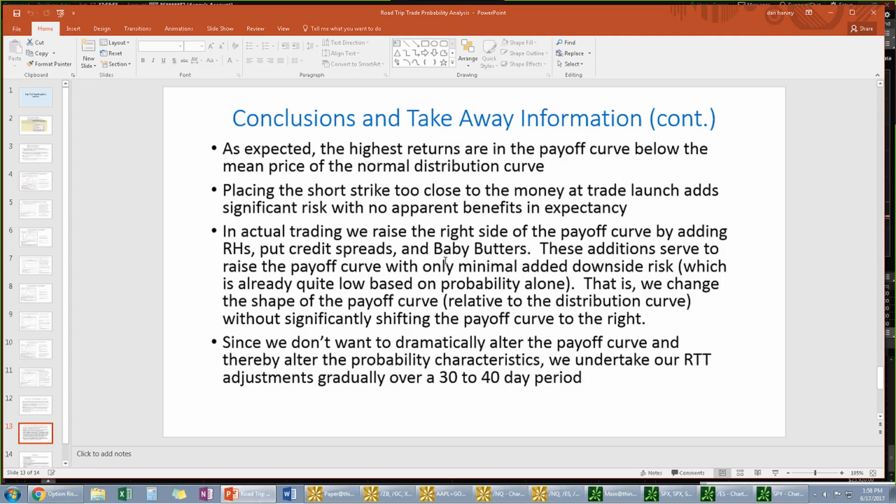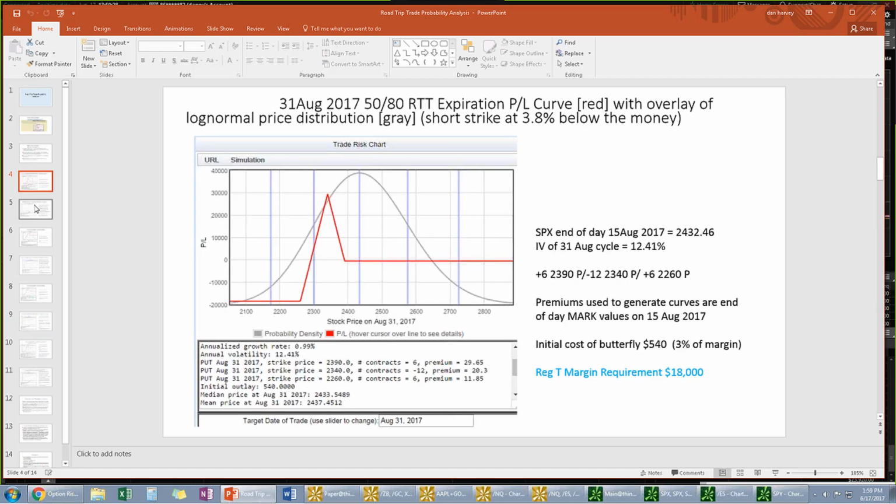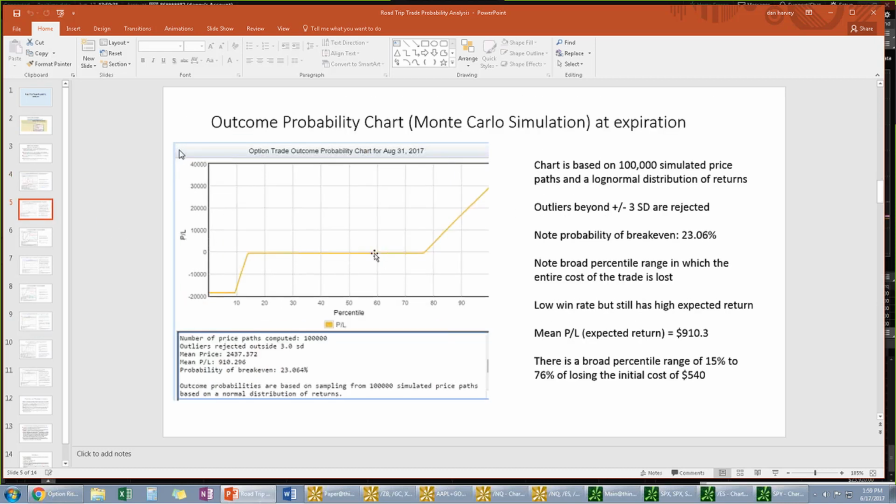So now to answer some questions about why we do what we do in terms of the adjustments we do, I think you can see now from an understanding of the probability analysis that what we're really trying to do is to increase our edge by raising the right side of that curve, so that we're minimizing this area right in here, or even better, this area where we would lose the entire cost of the butterfly.